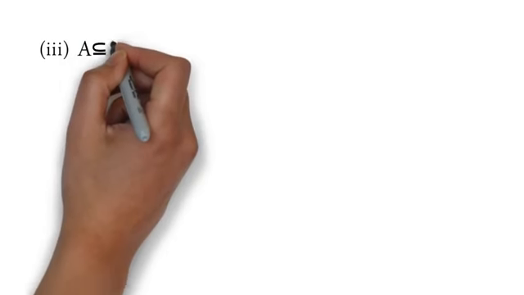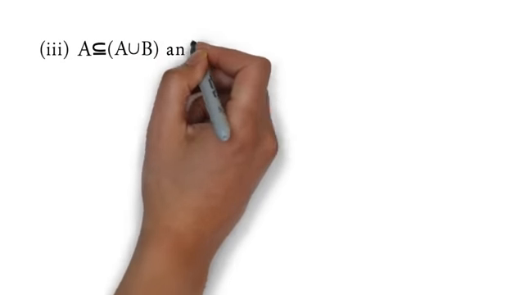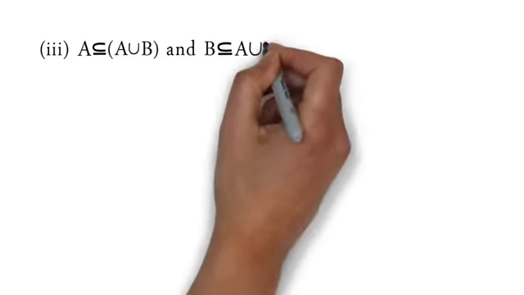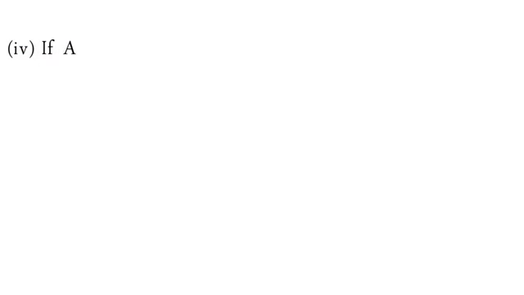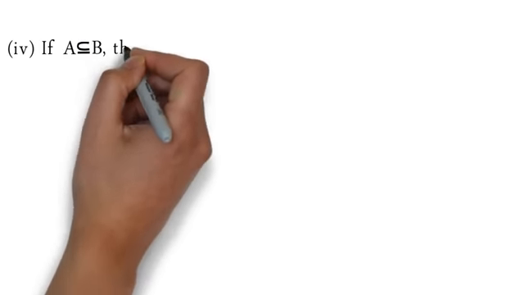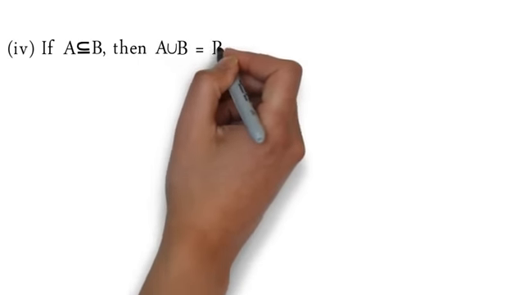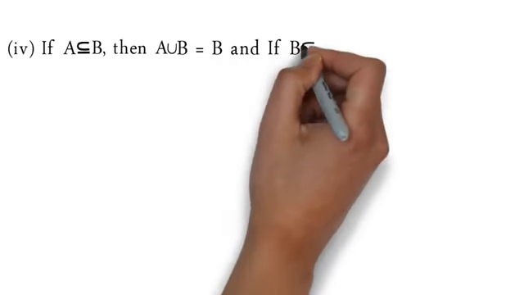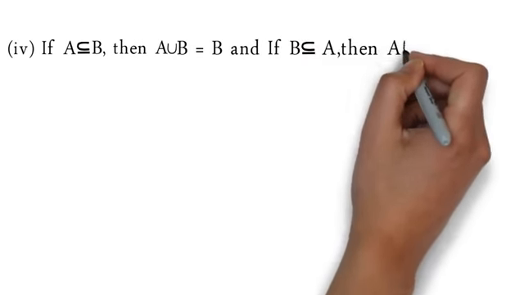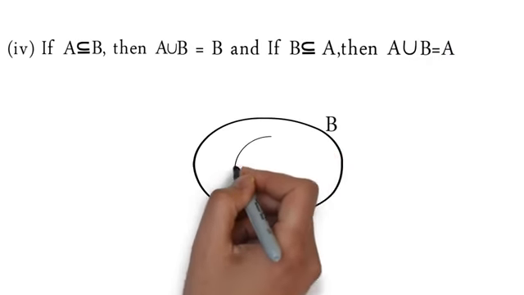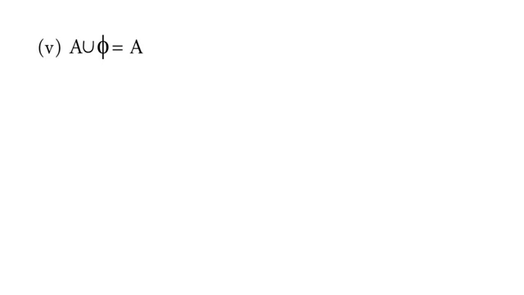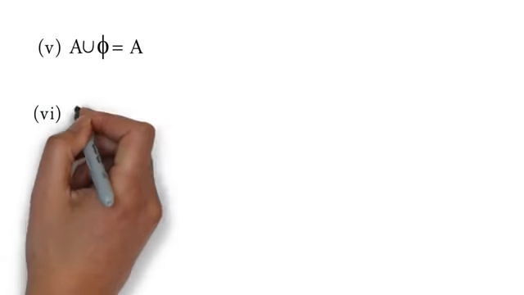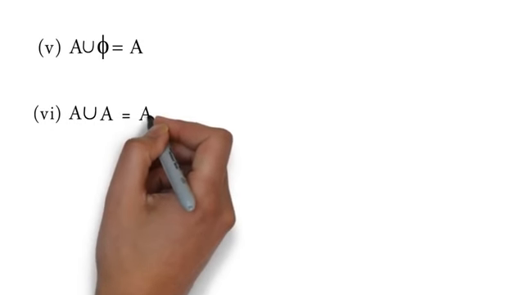Third, A is a subset of A union B and B is a subset of A union B. Fourth, if A is a subset of B, then A union B is equal to B. If B is a subset of A, then A union B is equal to A. Fifth, A union with null set is equal to A. Sixth, A union with A is equal to A.